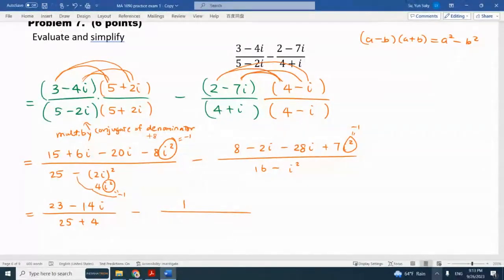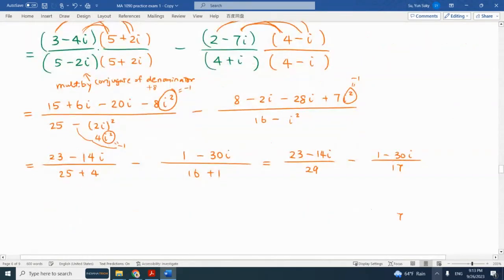Minus 2i minus 28i is minus 30i. And 16 minus i squared, i squared is minus 1, so it becomes plus 1. So let's see. 23 minus 14i over 25 plus 4 is 29. And minus 1 minus 30i over 17.